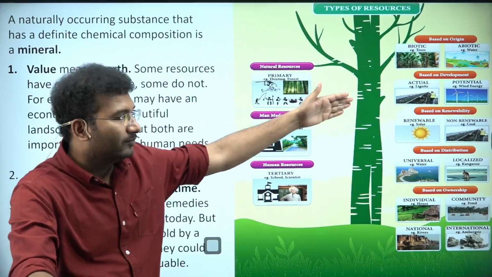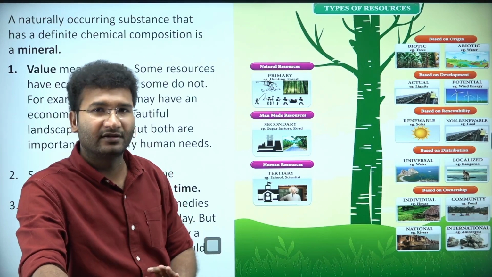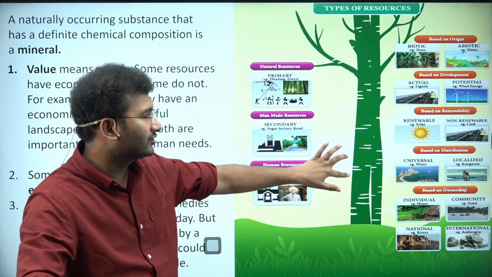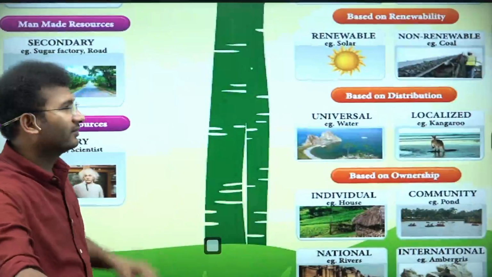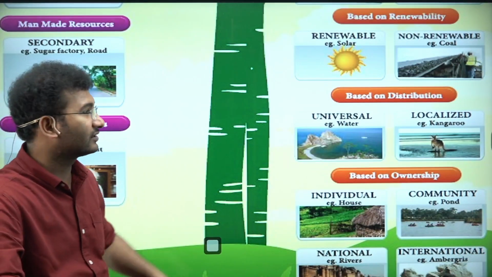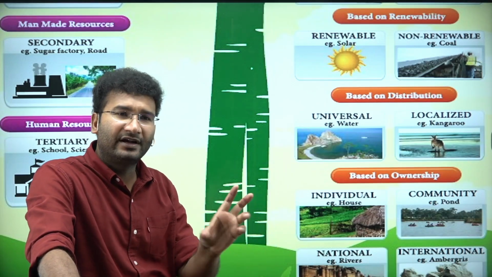Last, based on renewability: renewable, non-renewable, or recyclable and non-recyclable, right? Next is distribution. This is also based on locality: a resource can be universal, such as sunlight, whereas localized may be, in your locality, red sanders.